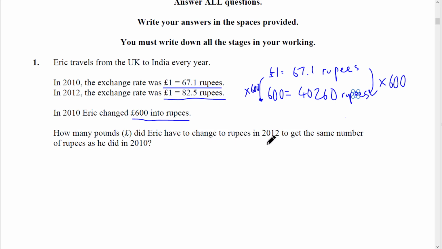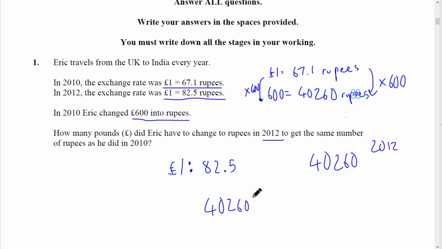How many pounds did Eric have to change to rupees in 2012 to get the same number of rupees as he did in 2010? So he wants this many rupees for 2012, and the exchange rate now is £1 to 82.5. So we're looking at this. So how do we work out from here to here?